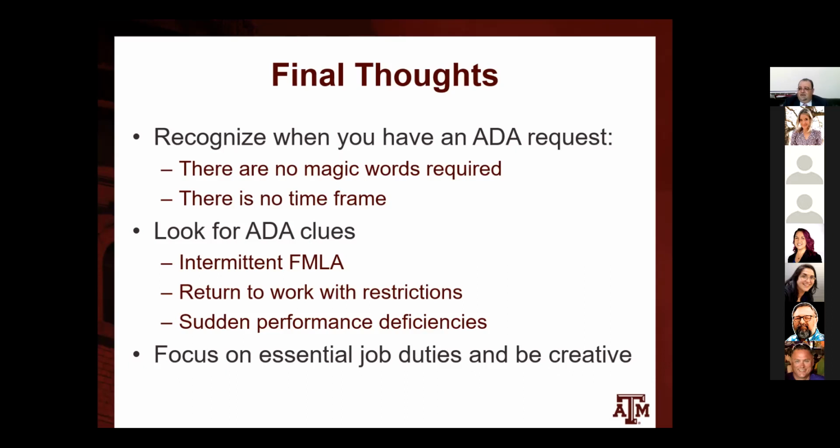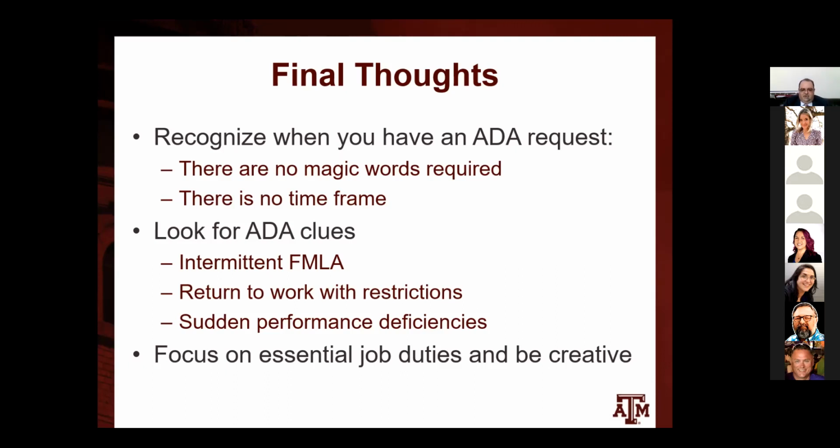So just because someone went out for a back injury, comes back for light duty and says, hey, I can't lift things over 3 pounds, and they work in the mailroom, so occasionally they have to pick up mail sacks or mail bundles, it's okay. It's not an ADA situation for a limited time period. It really doesn't fall under the FMLA, but it kind of triggers a short-term ADA request. So watch out for things like that.